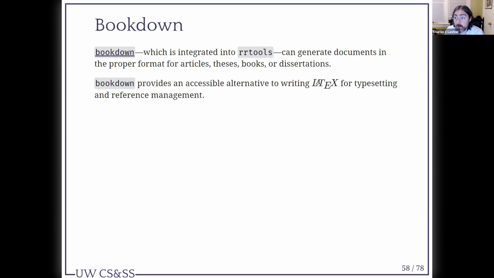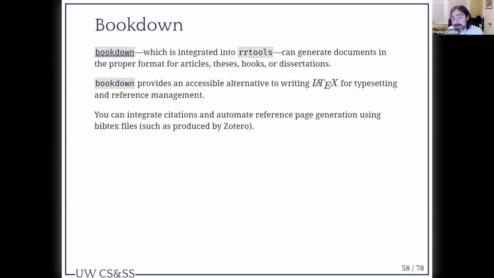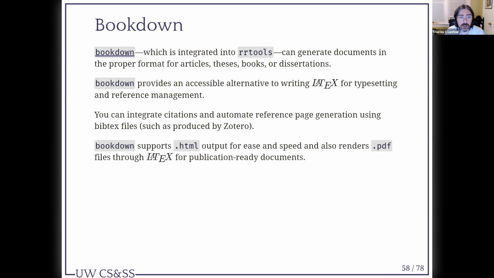Bookdown is an accessible way to write whole book-length documents with nice typesetting and reference management without having to write any LaTeX. This is really nice, okay? You can integrate citations and generate automatic reference pages using Zotero or BibTeX. It also supports HTML, PDF, and Word document output, all that kind of stuff for publication-ready documents.